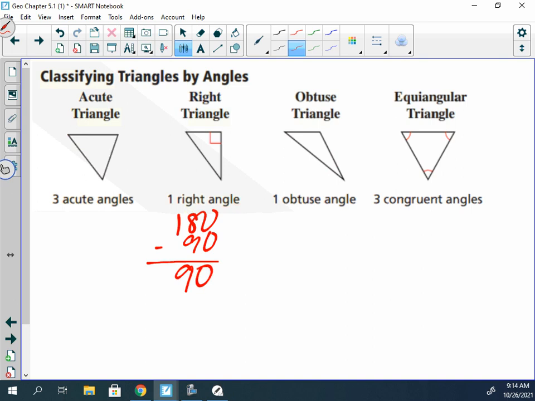That leaves us with 90 degrees for the other two angles. Could one of those other two angles be 90 degrees? If one of them is, how much do I have left for the third angle? 0, right?